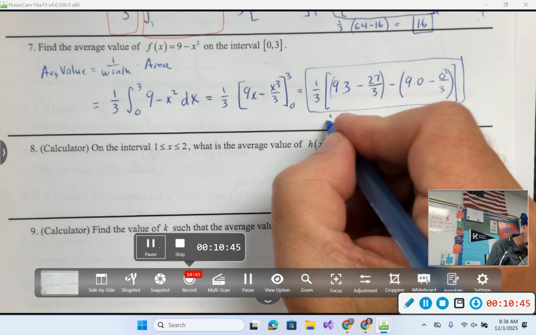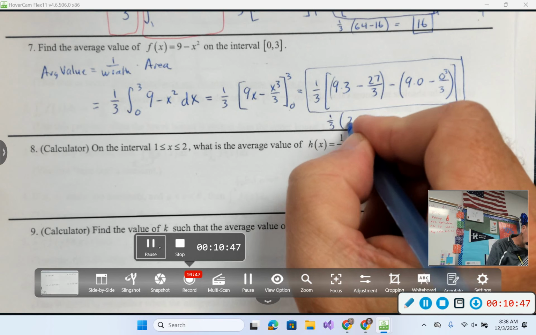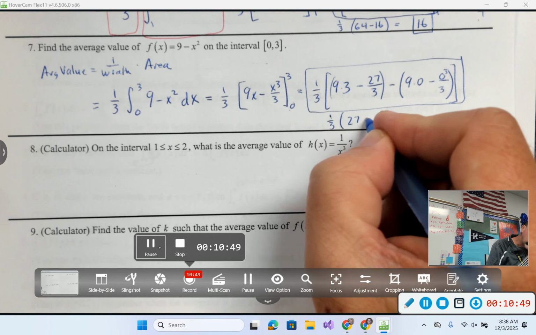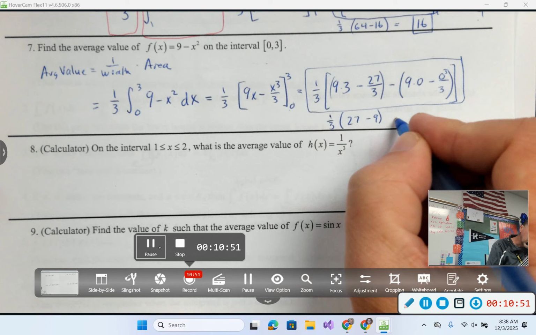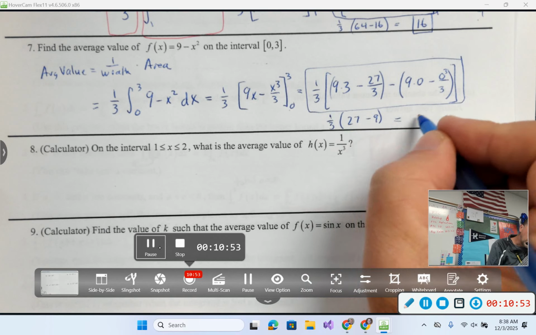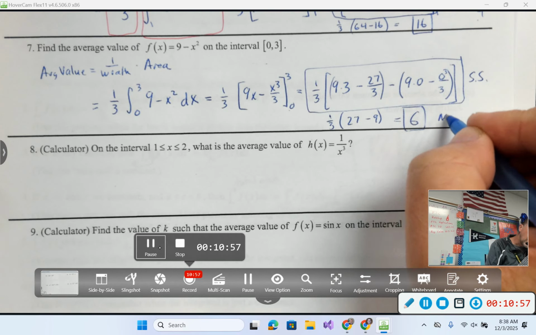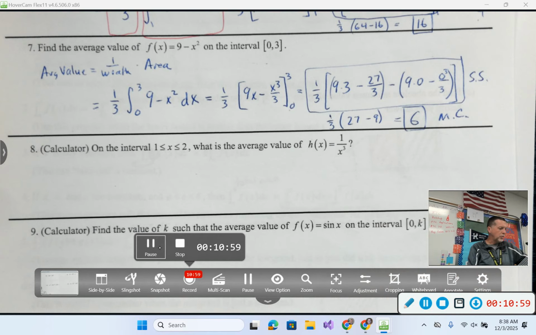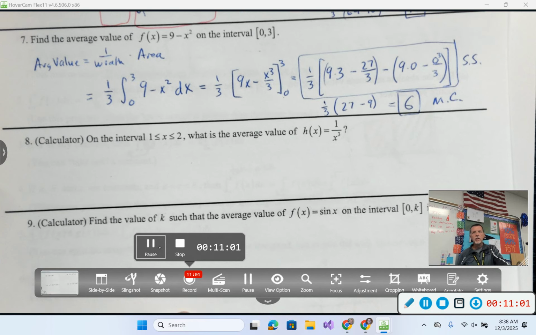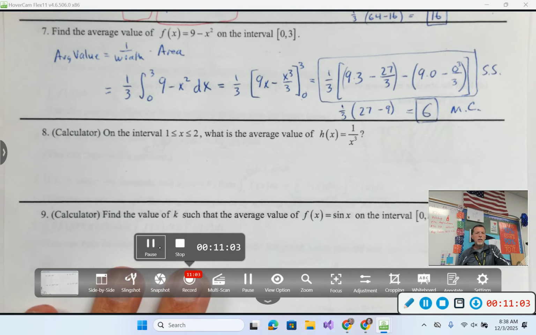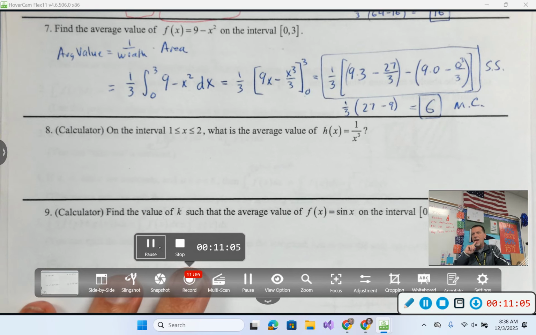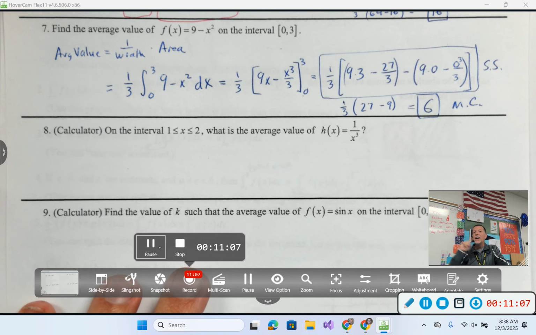I wanted to keep going. Let's see, 27 minus 9, all of that was 0. 18 over 3 is 6. Again, your safe stop versus your multiple choice answer. Yes, absolutely.